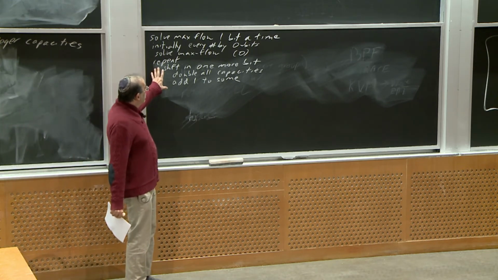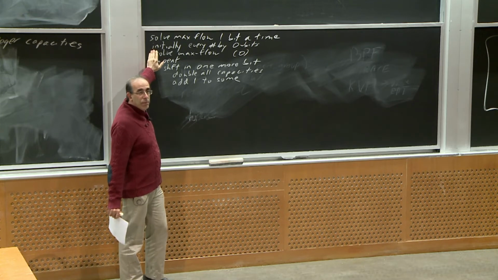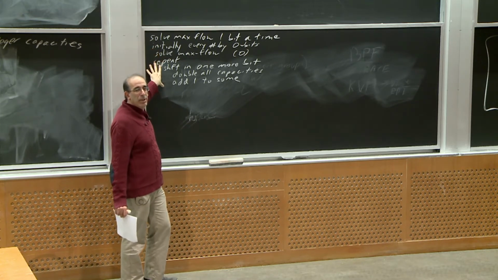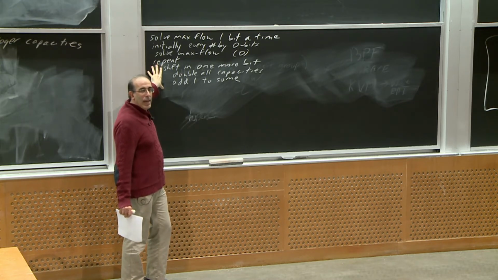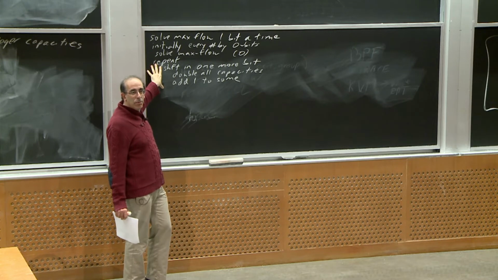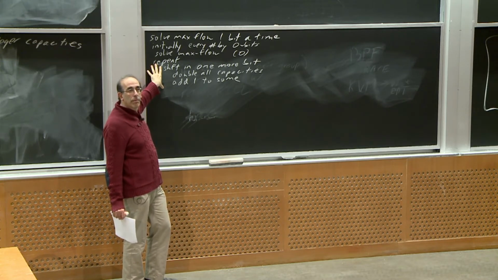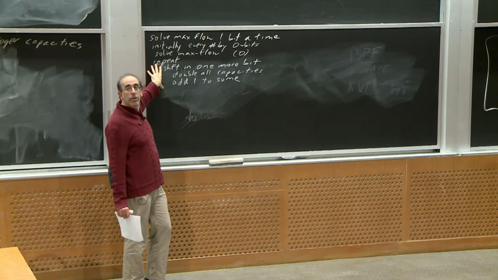Now, we had a solution to our max flow with the old capacities. We've just changed the capacities by doubling them and adding 1 in some cases. How can we get a pretty good solution to the new capacities? Maybe not optimal, but still pretty good.